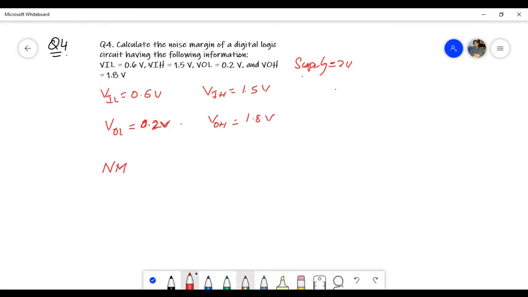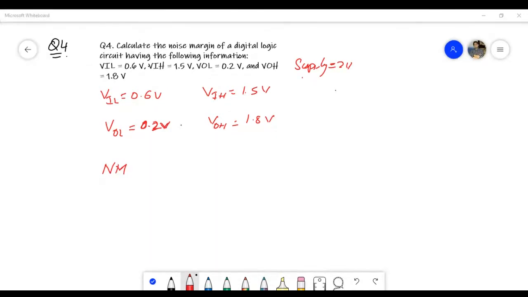So how to find the noise margin? Before you find the noise margin, you have two levels here: level L and level H, low level and high level. So let us calculate first for the low level.